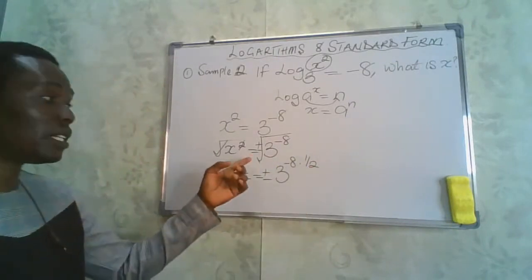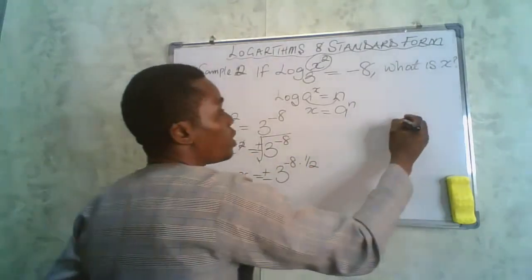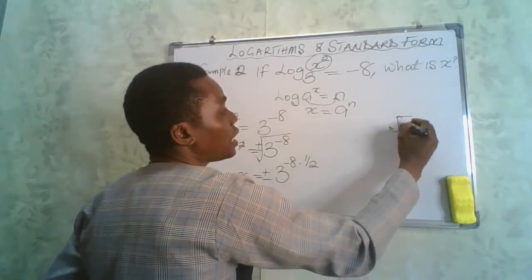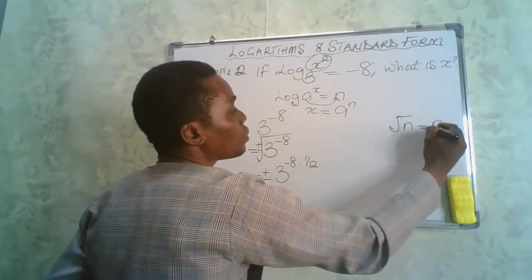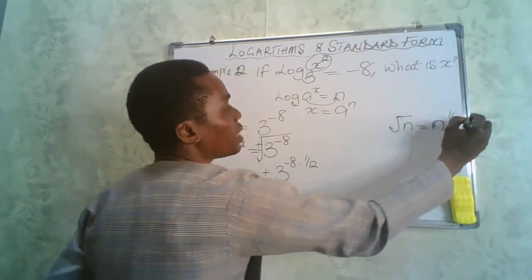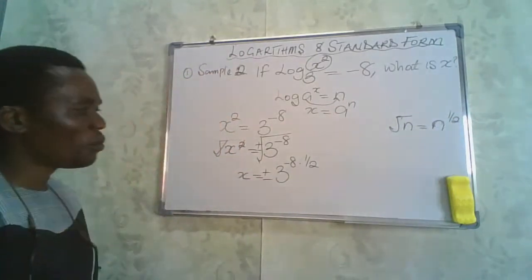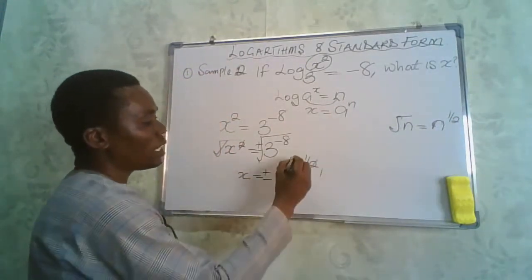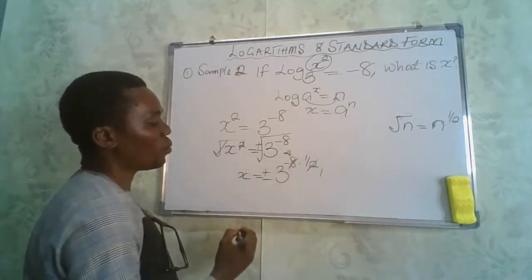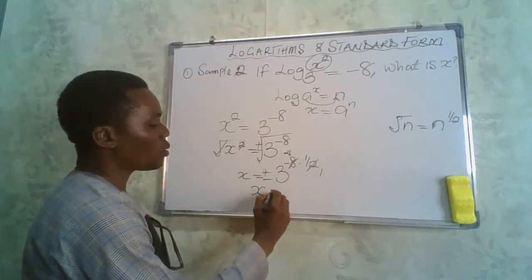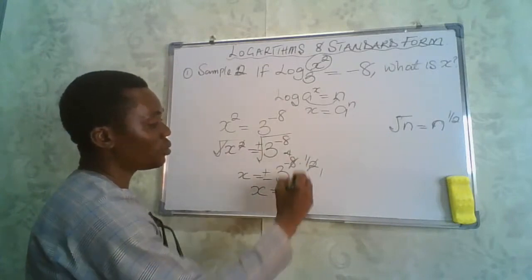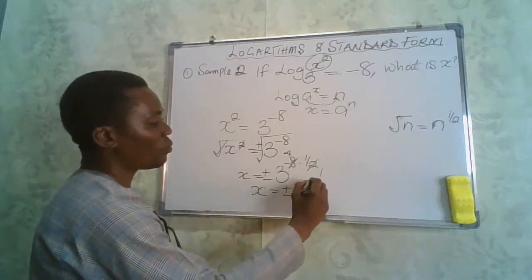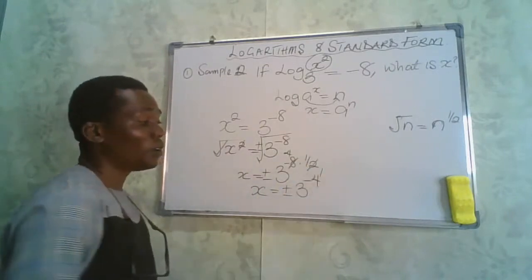Now recall that if you have the square root of n, this can be equal to n to the power of 1 divided by 2. So if you do that, you can simply cut this, and this will give us 4. So the value of x will be equal to plus or minus 3 to the power of -4.